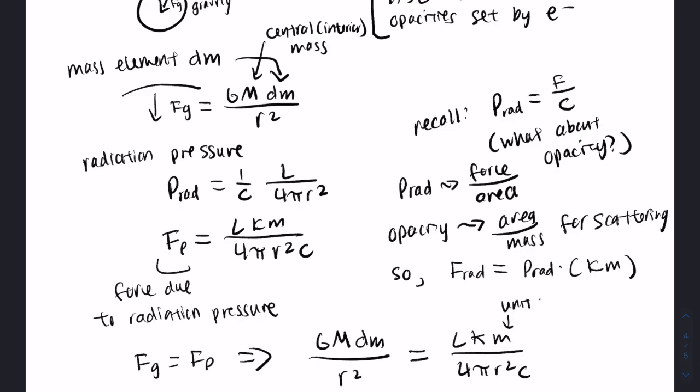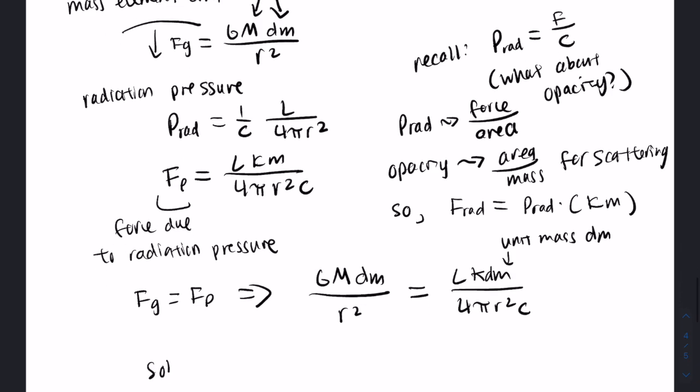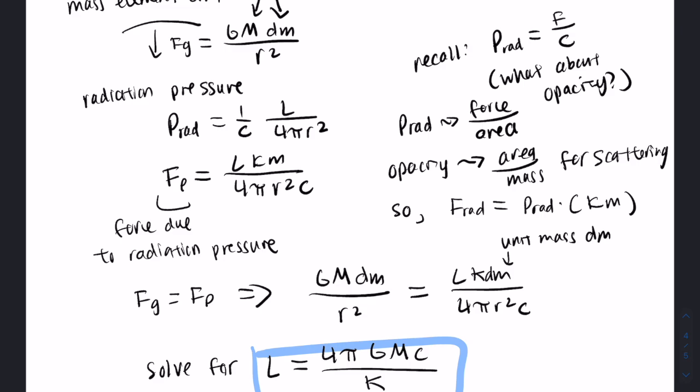And we're going to assume here that this is our unit mass dm because it's the same mass element that is experiencing gravity that is also going to be providing the scattering. So if we solve for the luminosity, then we're going to get 4 pi G M, and that M is the mass of the star, c over kappa, where kappa is the opacity. And this is defined as the Eddington luminosity.